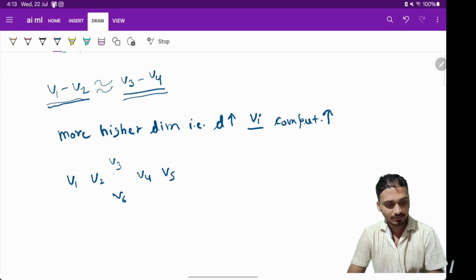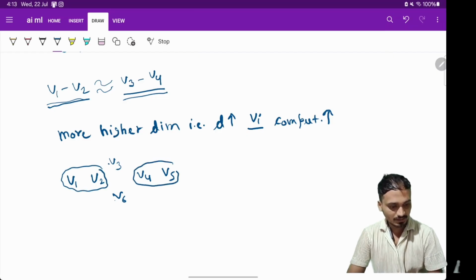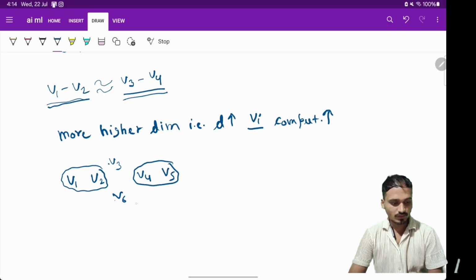It works on the principle of neighborhood. V3 and V6 have the same kind of neighborhood. If you see the neighborhood of V3, V6 also has the same neighborhood. Since V3 and V6 have the same kind of neighborhood, V3 will be very similar to V6. This is the core principle that we will learn.